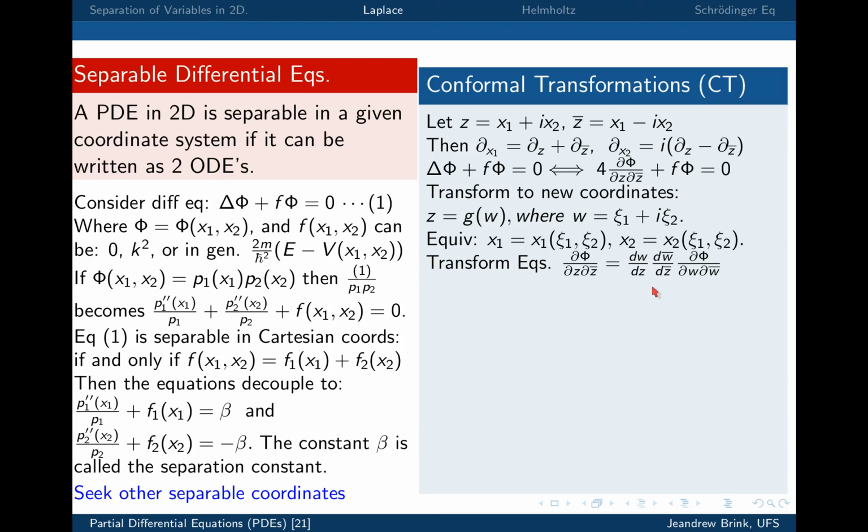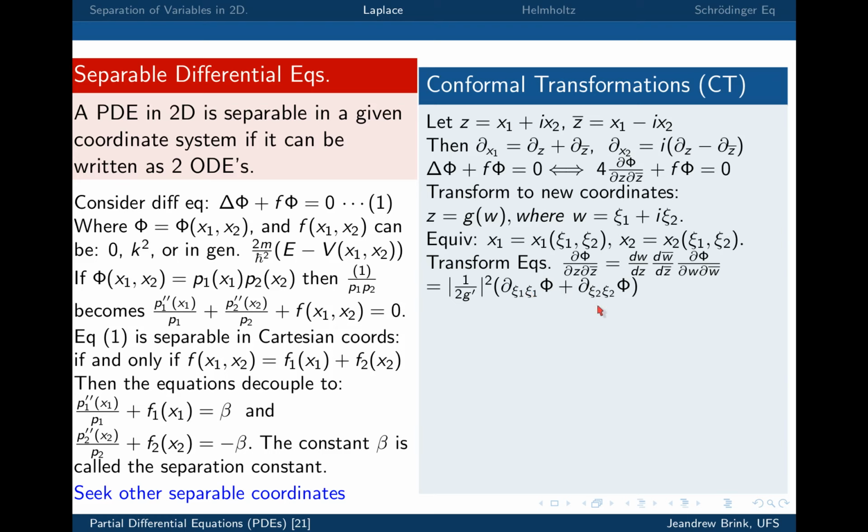Okay, so using the conformal transformation makes it very easy to write down what the transformation does. And so an equivalent way of writing it is, if we remember just from this expression up here, that the Laplacian of phi in the original coordinates is just 4 times d/dz d/dz bar, we can simply write this thing as 1 over 4 times d²/dxc1² plus d²/dxc2².